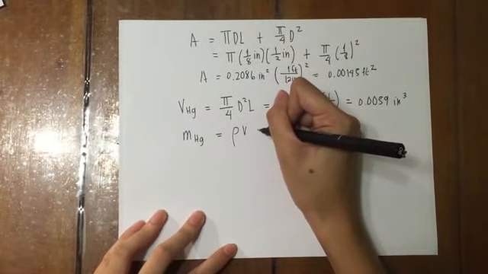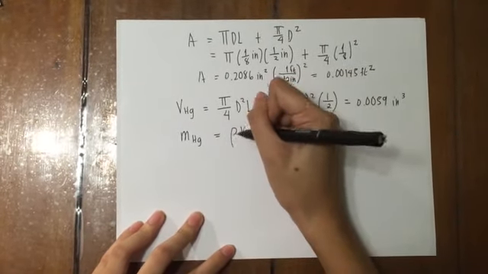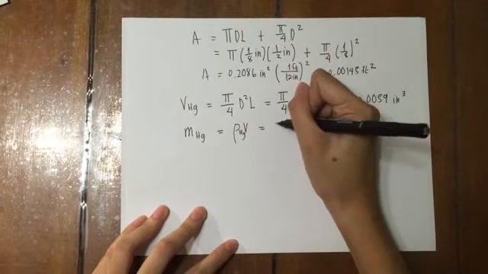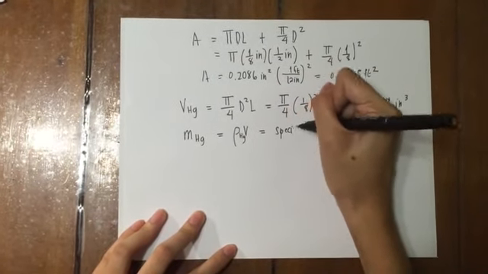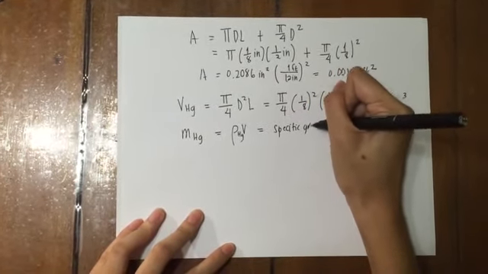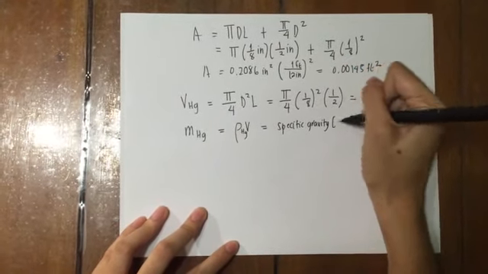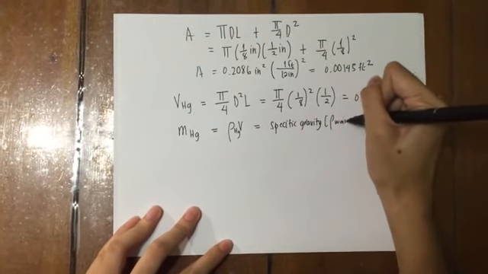Now we will solve for the mass of mercury, which is equal to rho times V, density times volume. The density of the mercury is equal to the specific gravity of the mercury times the density of water.